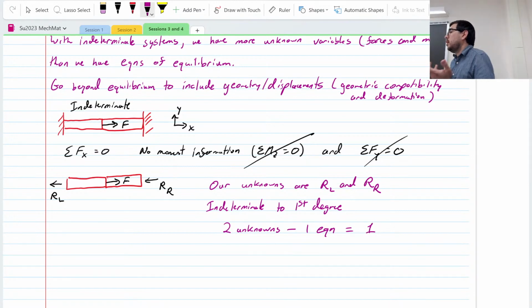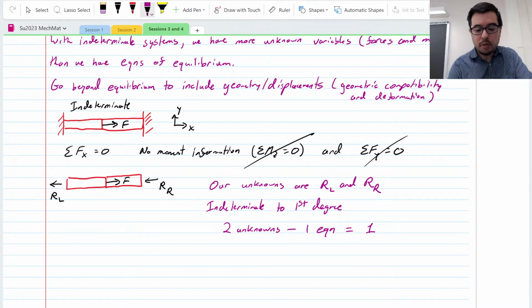When you're thinking about how many degrees of indeterminacy you have, I think it's easier to think about how many constraints I have to release in order to make this a determinate problem.